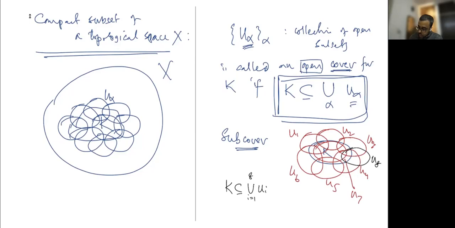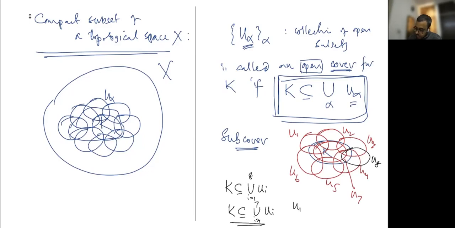So this collection U1 to U8 gives you an open cover for K. Now, if you look at this picture, you can safely take out U8, since it is also contained in U1 to U7.